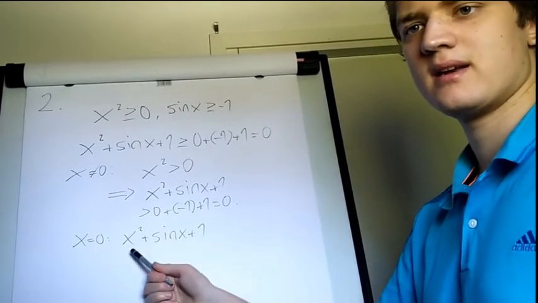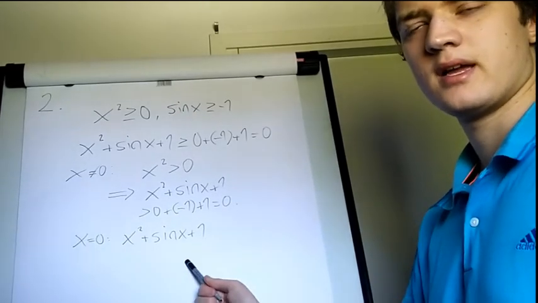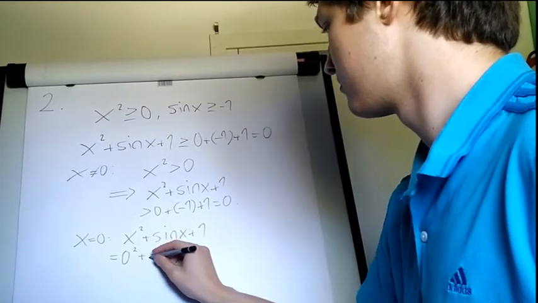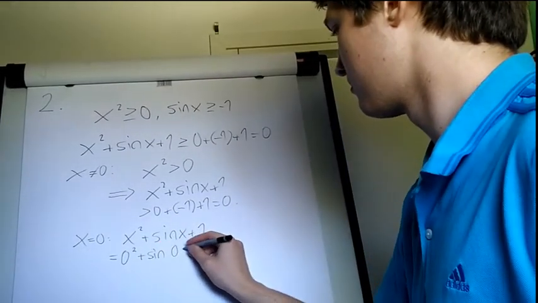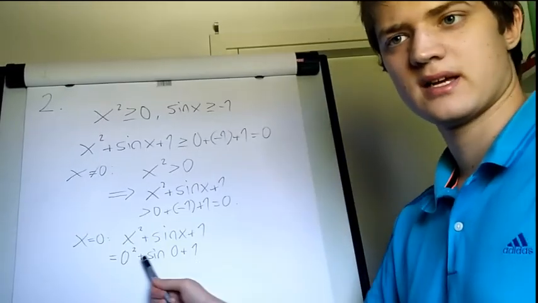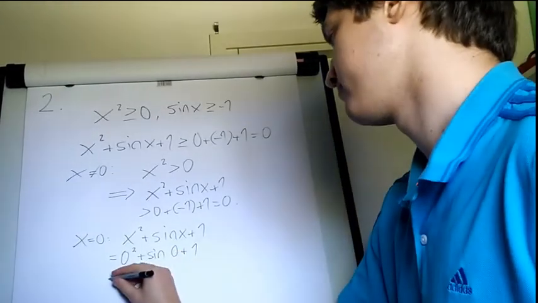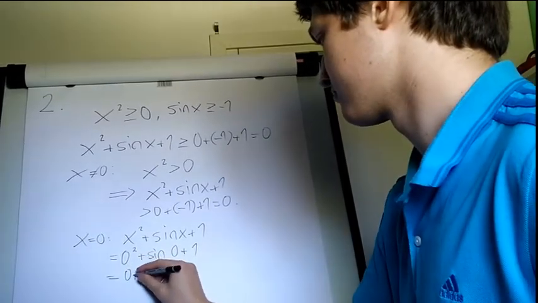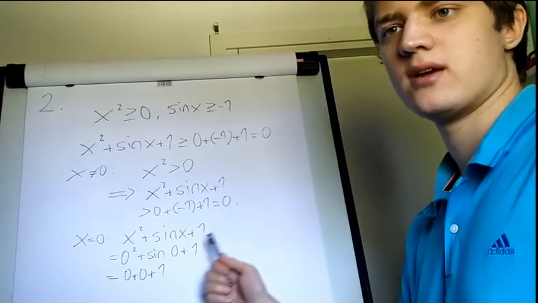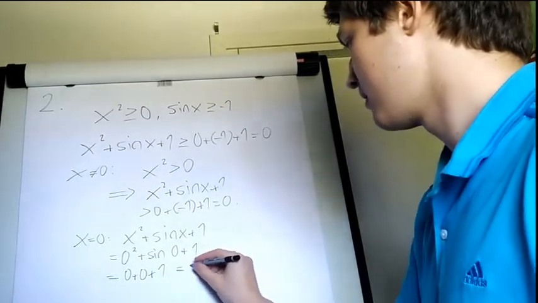Now we can just plug in the 0 instead of x. Zero squared equals 0, and sine 0 also equals 0, which makes the whole expression equal to 1 in this case.